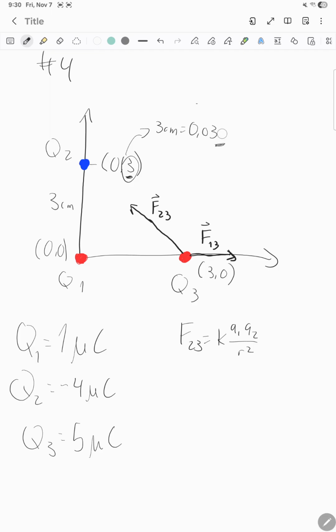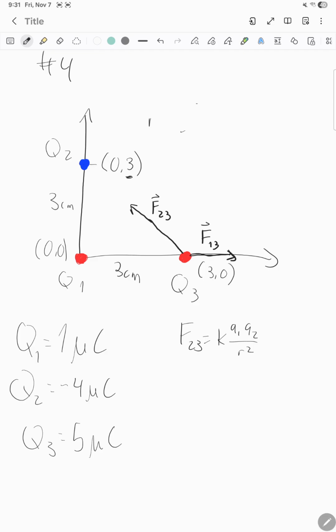We always want to work in meters, so you have to convert your data into the right units. Here we have 3 centimeters and 3 centimeters. We can see that this is a right triangle. The entire distance here is the hypotenuse of a right triangle, so we can use Pythagoras' theorem.